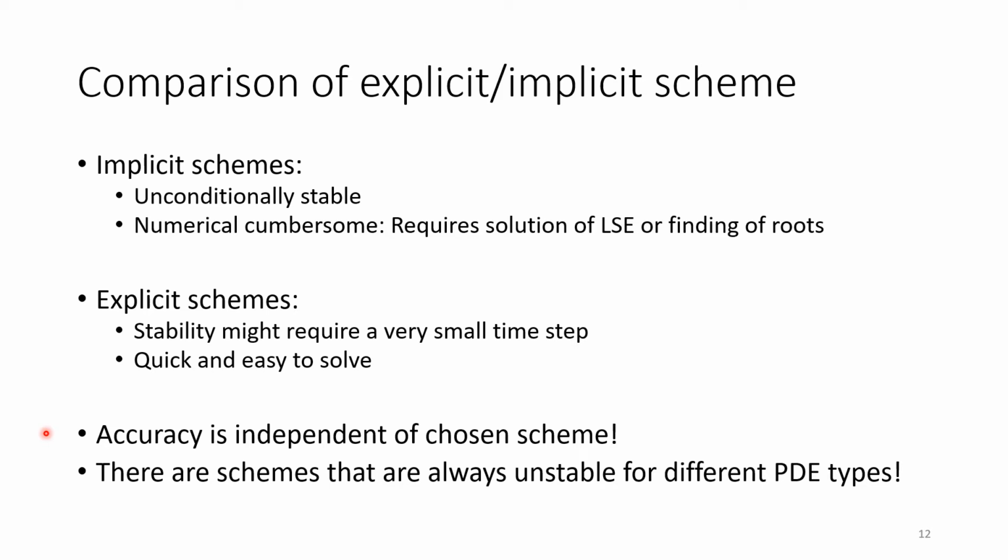I'll define the relation later, but the accuracy does not depend on whether you use an implicit or an explicit scheme, right? If you use a stable explicit scheme, the accuracy could be just as good as for the implicit scheme, right?